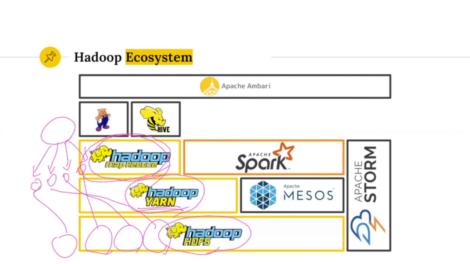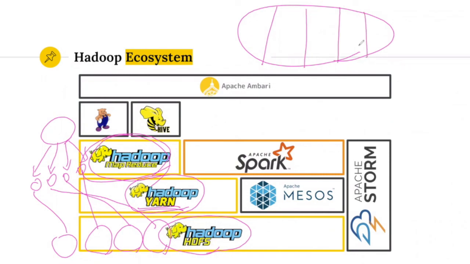So mappers, basically what they do is transform your data and make it parallel. What I mean by that is if you have a large chunk of data, what the mapper does is chop it up into smaller pieces.